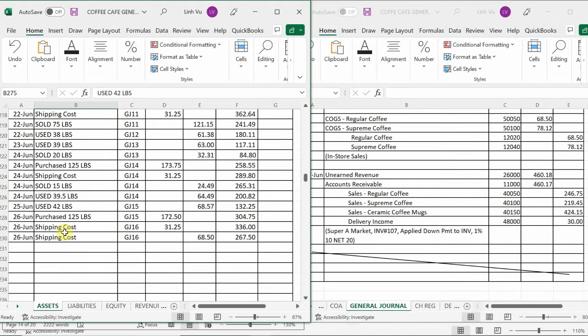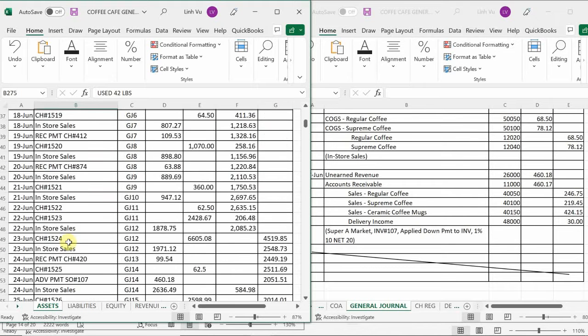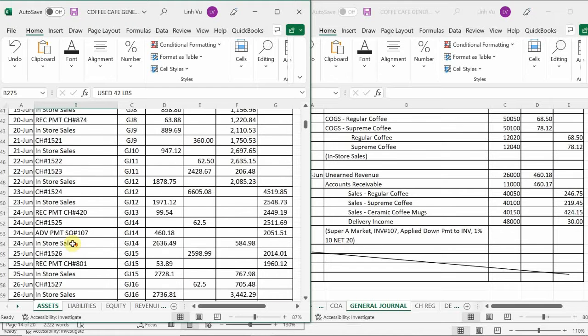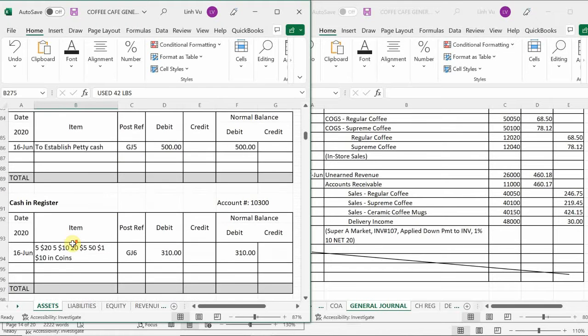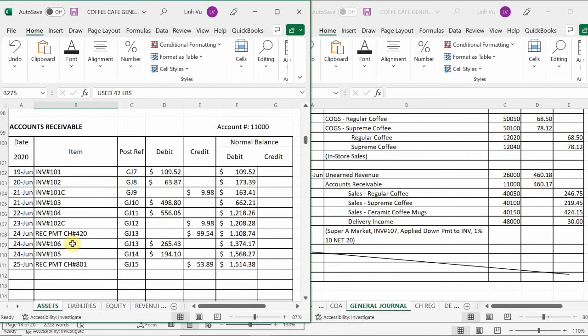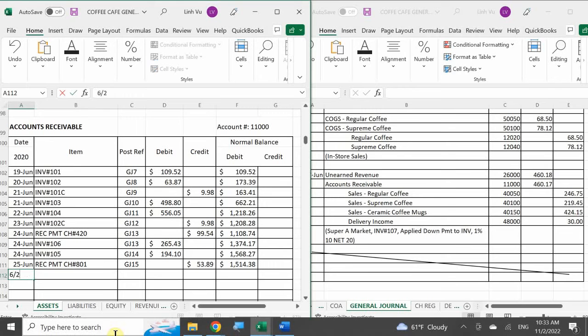We're going to record that Super A market owes us money now. So accounts receivable for the invoice number 107, for the 460.17.